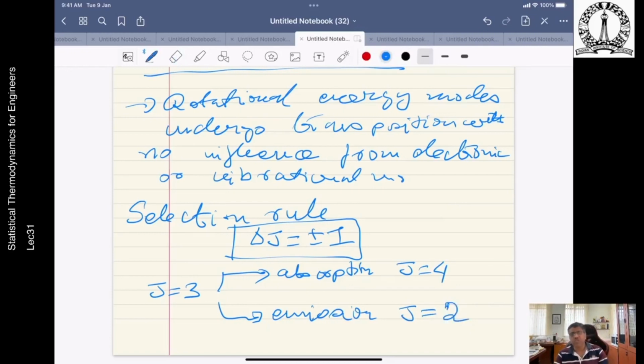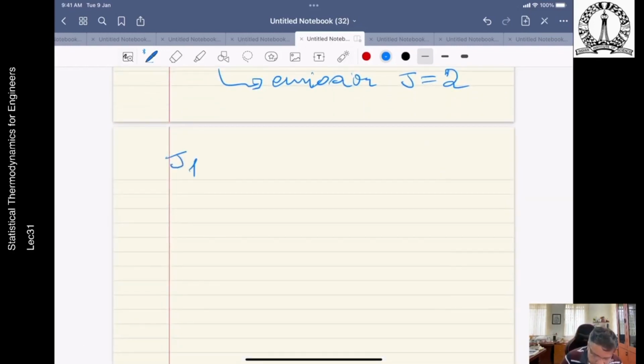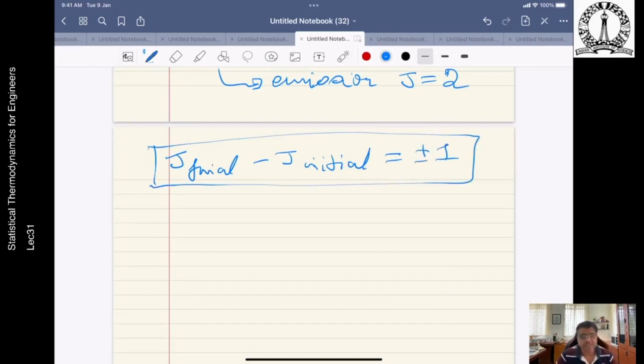So these are the only two modes that are possible, right? Because J final minus J initial is plus 1 or minus 1. So these are the two things that are possible, right? J equal to 2 or J equal to 4. So in other words, J final minus J initial is equal to plus minus 1. That's the rule.